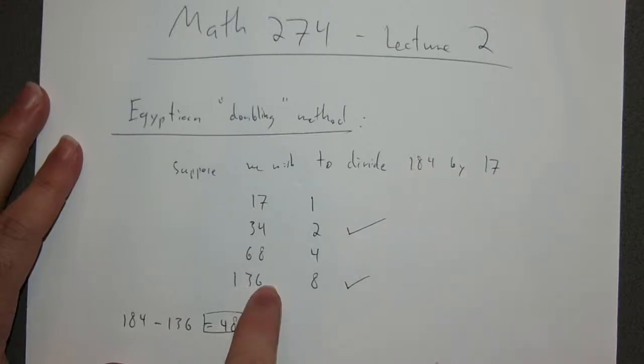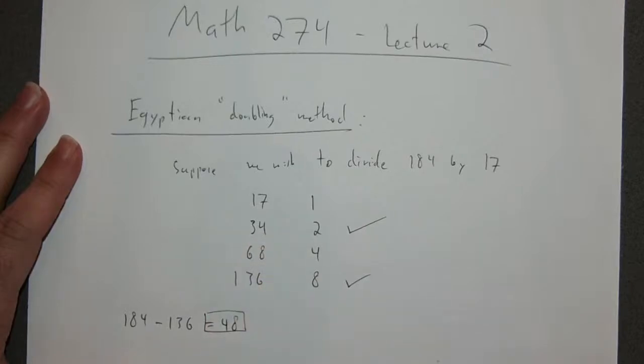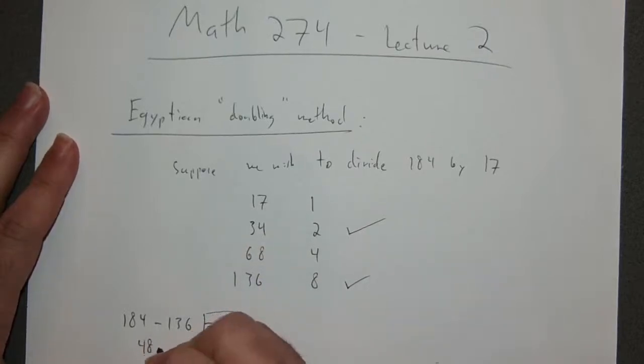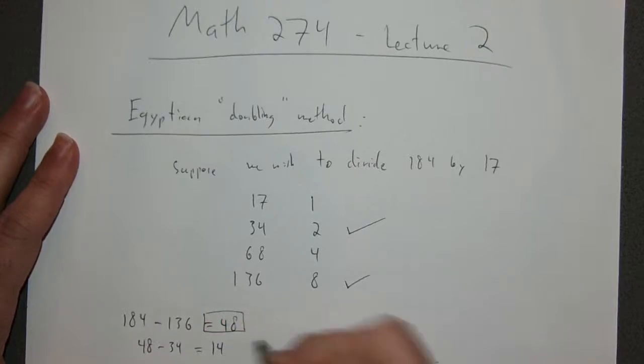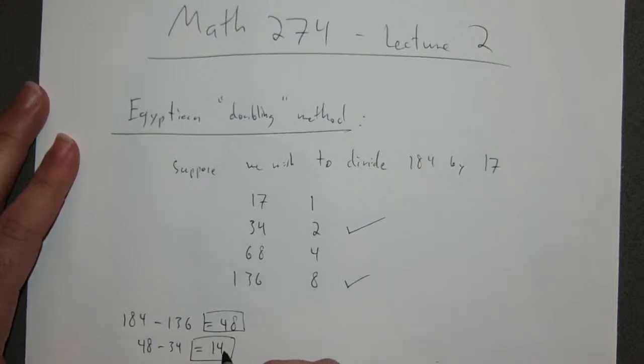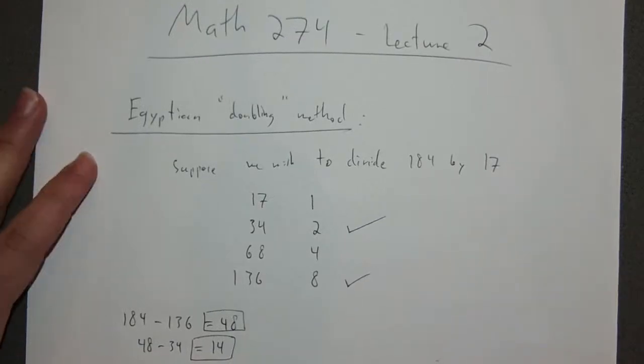I subtracted 136 to get 48. The largest multiple of 17 less than 48 is 34, and I subtract 34 from 48. So 48 minus 34 is 14. And 14 is less than 17.